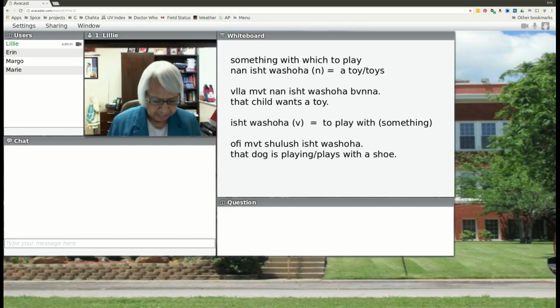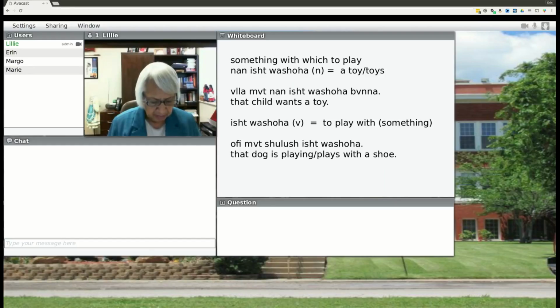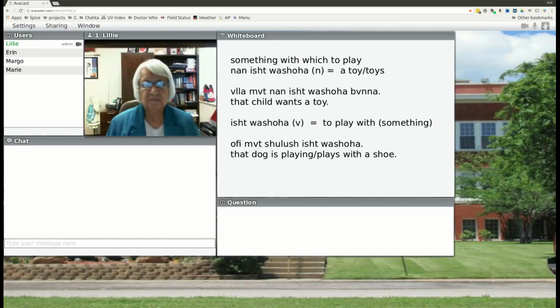So that's what I wanted you to see in the use of na and non and nom. A lot of times we don't use the nom before P and B. We go ahead and nasalize the A, underline the A in the written.